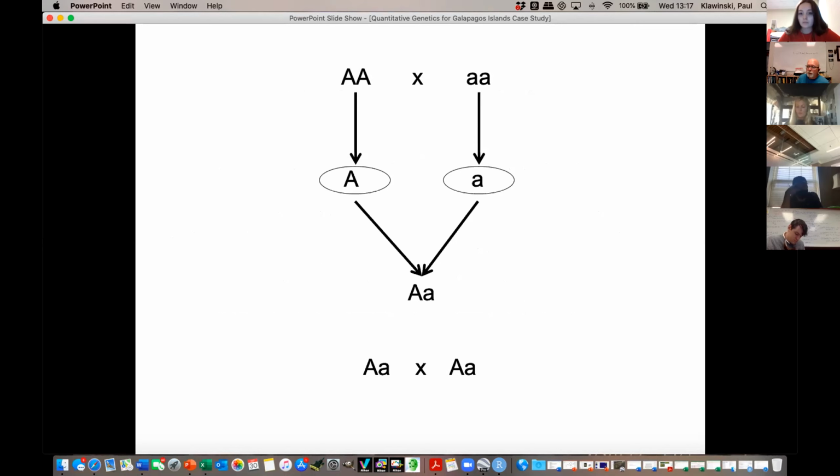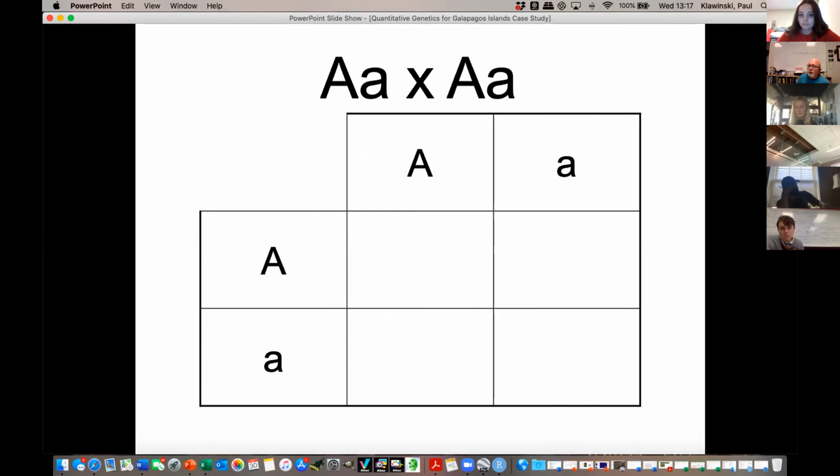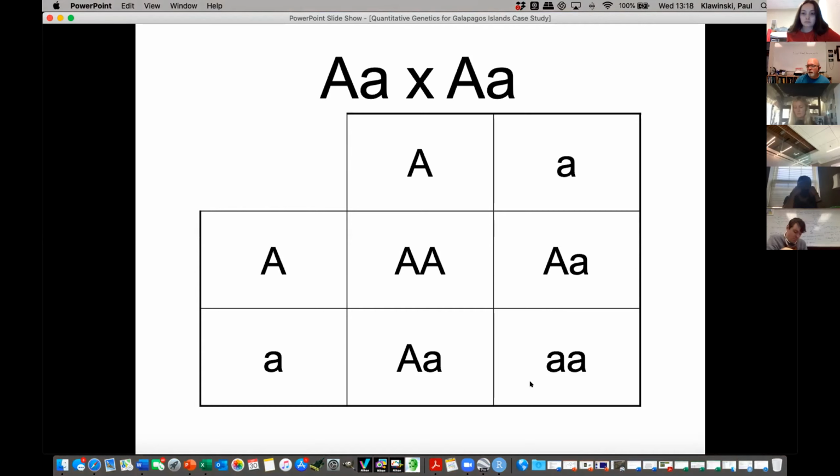If we allow those heterozygotes to mate with one another, we will then generate your standard Punnett square, and we will get these genotypes: one homozygous dominant, two heterozygotes, and one homozygous recessive. Three of these individuals will have one phenotype, one of these individuals will have another phenotype, if it's one of these traits that is particulate in nature in terms of its inheritance.